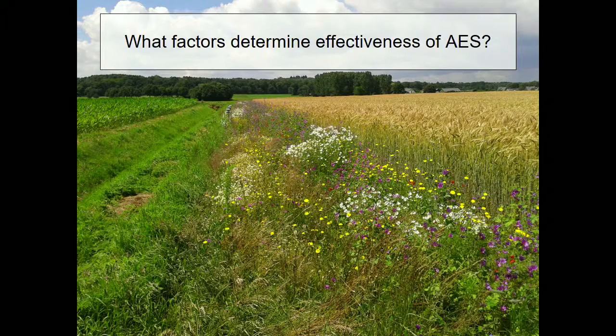So if you want to mitigate bee decline, you need to know where this variation comes from. So what we did was we carried out a meta-analysis, compiled the results of 71 studies that compared bee richness and abundance in agro-environment scheme sites and in conventional field margins or conventional control sites.